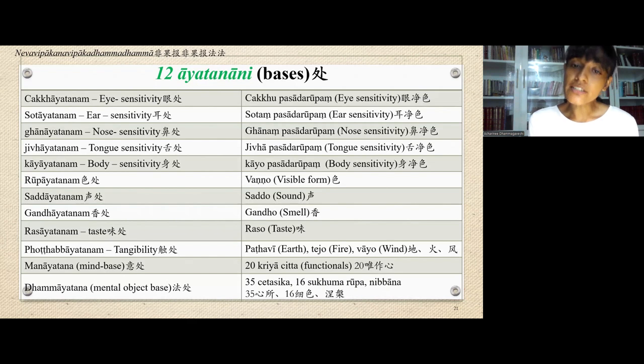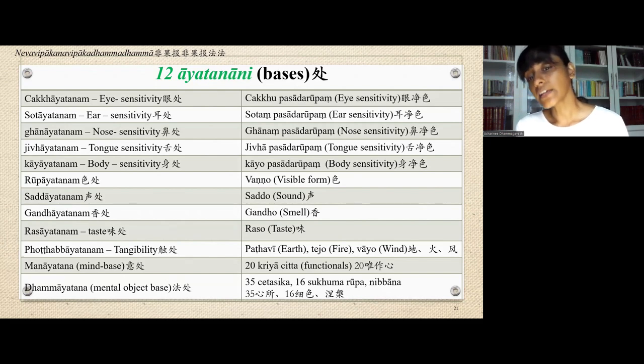And the objects for these sensitivities are the next 5, which are Vanna, Saddha, Gandha, Rasa, and Pottabba, which are the Patavi, Tejo, Vayu. So under Pottabba Ayatana, tangibility, you get 3 Rupa: Patavi, earth, Tejo, fire, and Vayu, wind. That is why the first 10 Ayatana comprise of 12 Rupa. These are also called Odarika Rupa, or gross matter.